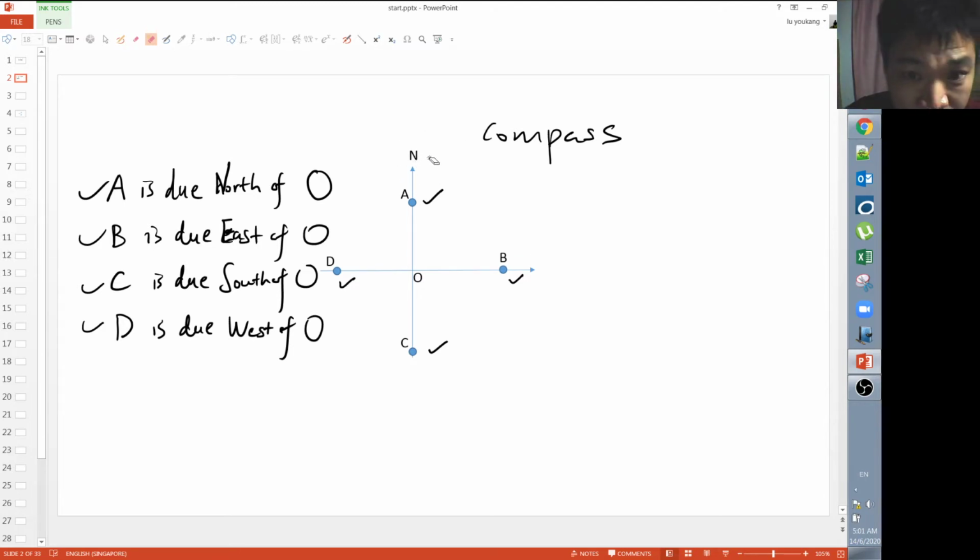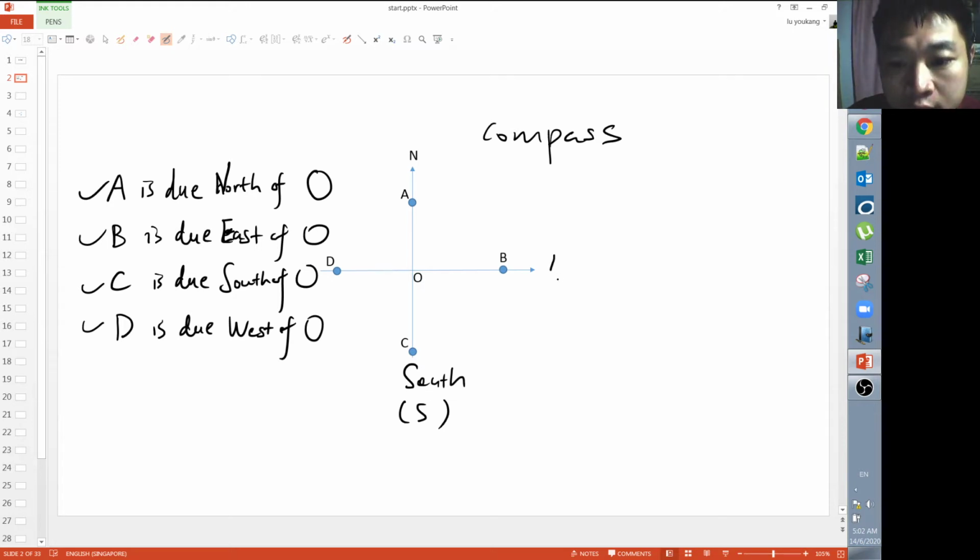If this is the north position, let me erase this first. If this is your north position, you can start to label your south position. We denote our south with a capital S. If the north is on top, south is below.